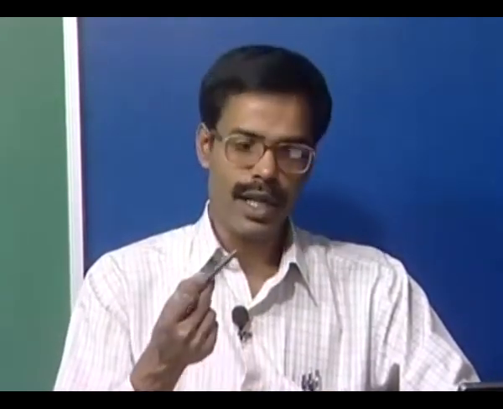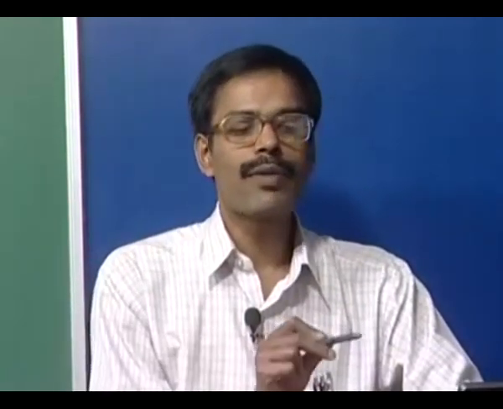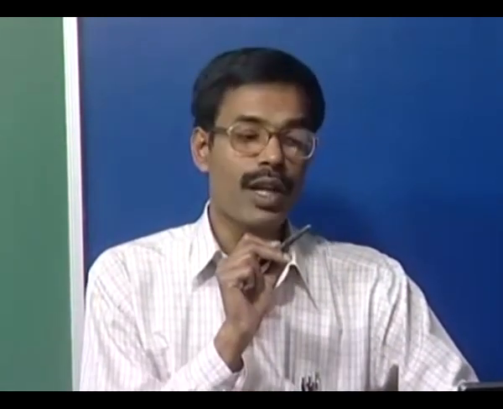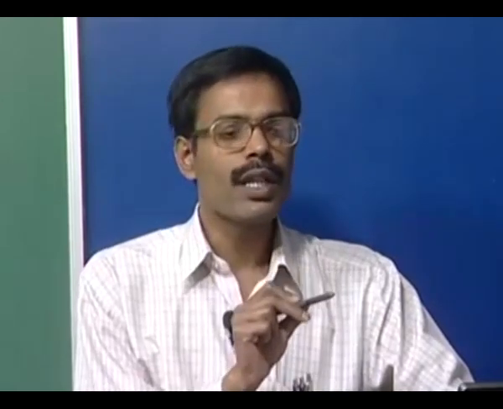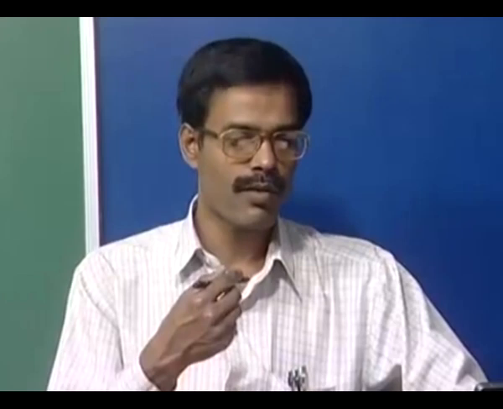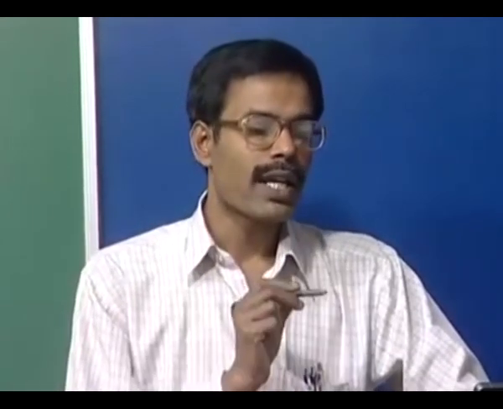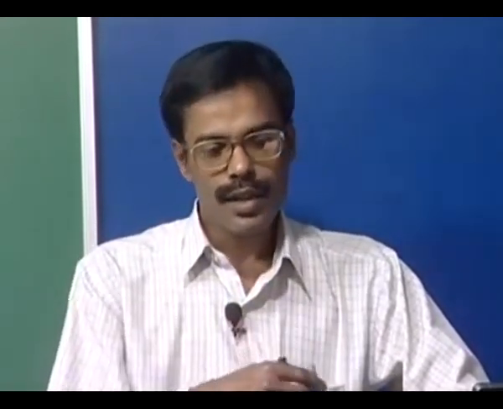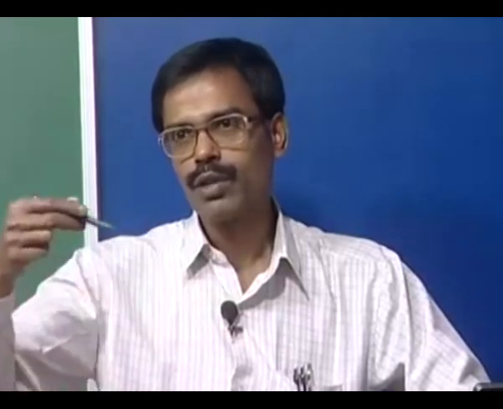If the constraints are active, of course equality constraints are always active, and if the unconstrained minimum point is not feasible, then as we go on increasing c as 1, 10, 100, 1000, 10,000 and so on, the constraint violation will have more and more of a cost, and therefore stepwise the minimum point will go on shifting.